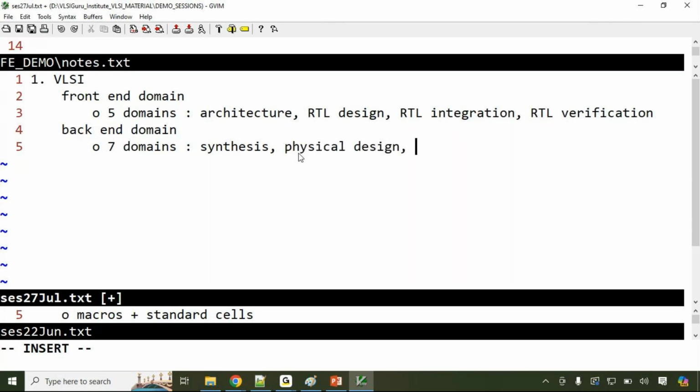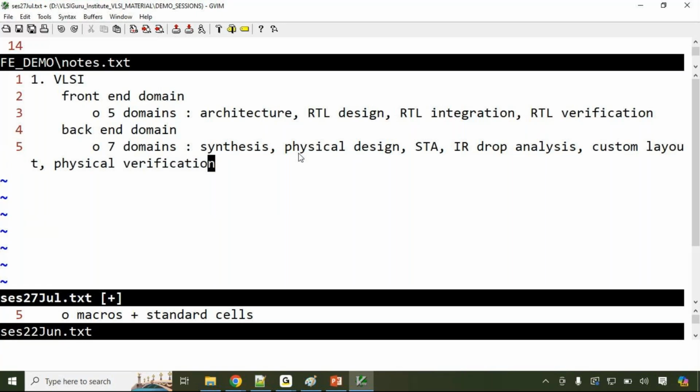Then we have static timing analysis, IR drop analysis, some layout. Then it has physical verification. Like that, there are multiple subdomains.